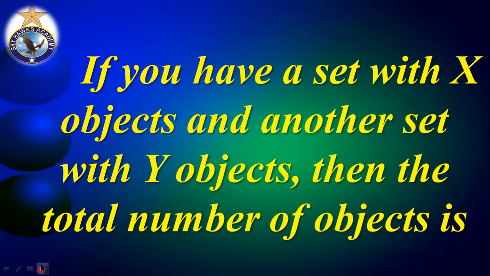Let's suppose set A has 1, 2, 3, a very simple example, and the second set is 2, 4, 6. What should be the elements of both sets?